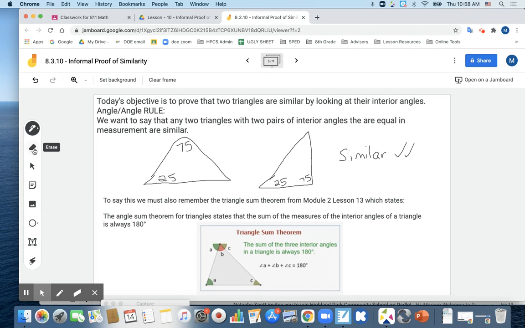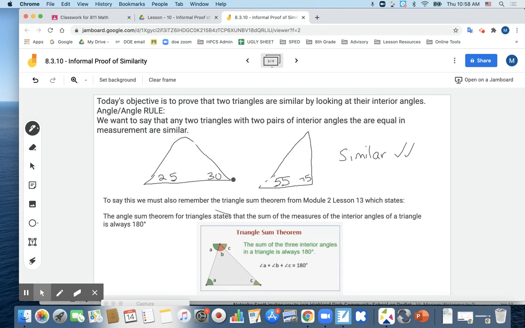However, there's an old rule that you have to remember, because sometimes they're going to give you triangles that look like this. If they only give you, let's just say, two angles, and they give you different numbers, you still have to check for that third.